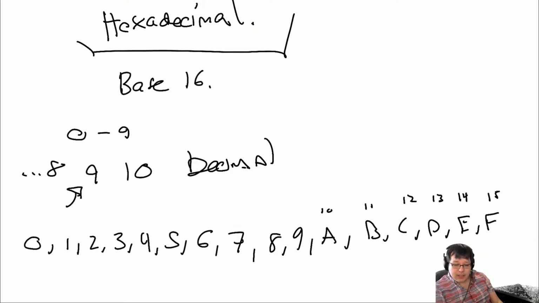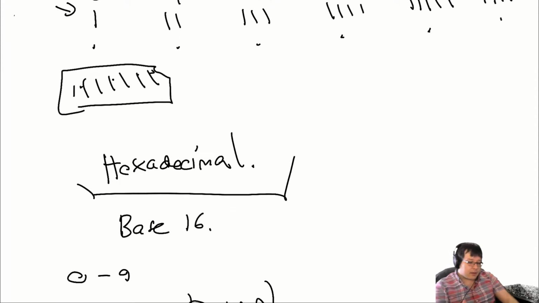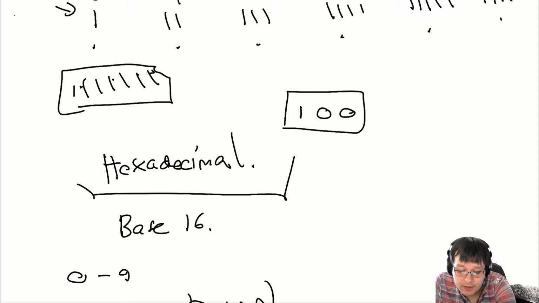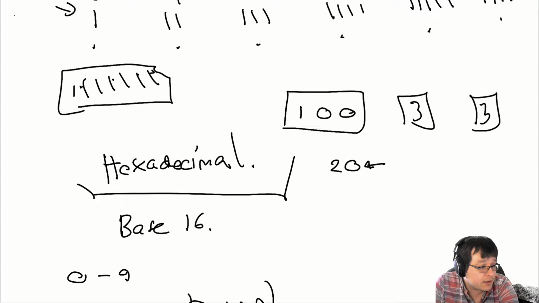Whereas I had to use a bunch of sticks in unary, in binary, if I want to represent a 3, I need 3 digits. I need a 1, a 0, and a 0. Whereas in decimal, I just need a 3. And in hexadecimal, I still just need a 3. But now, suppose that I want to represent the number 20. I need 2 digits to represent it in the decimal system.